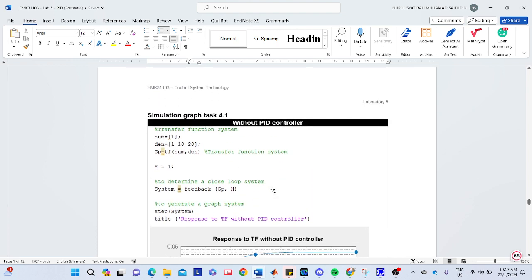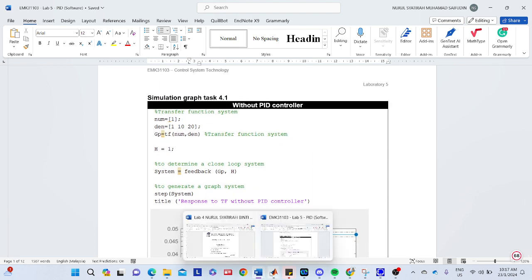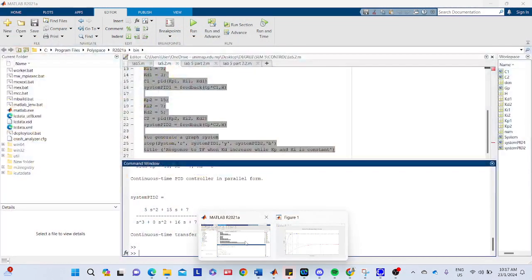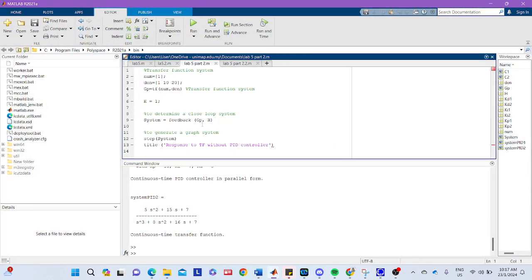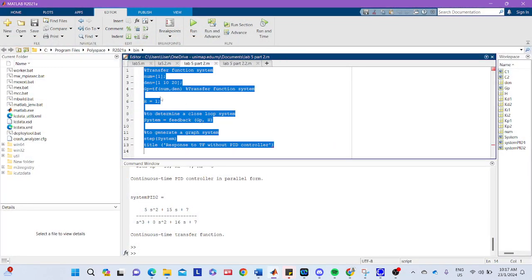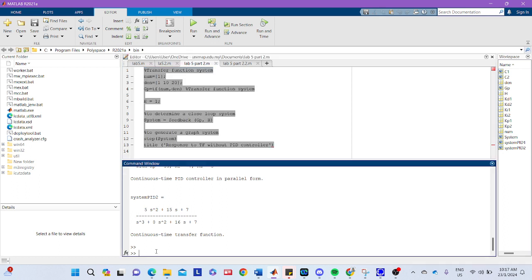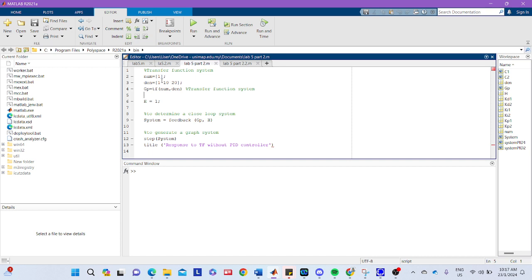This is the coding that I use for this task. We use the value that I calculated, 1 over s squared plus 10s plus 20.